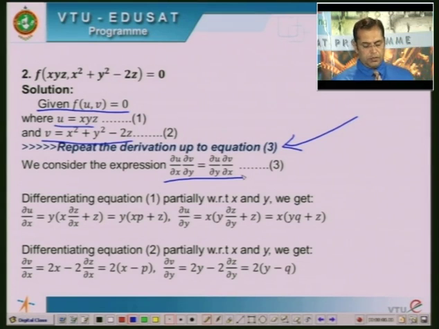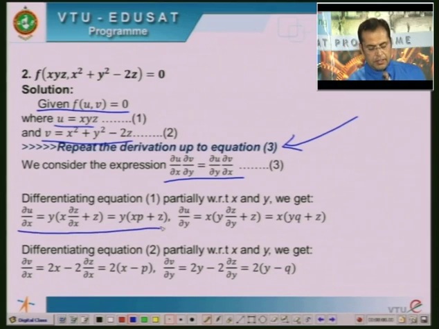Now, again like in the previous example, observe that this expression does not contain f. You have already eliminated the function f, leaving out the 4 partial derivatives of u with respect to x and y and v with respect to x and y. So, first let us differentiate equation 1 partially with respect to x and y respectively.